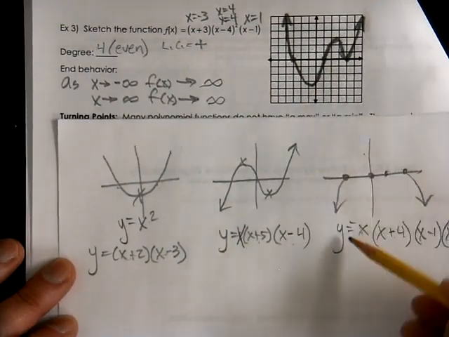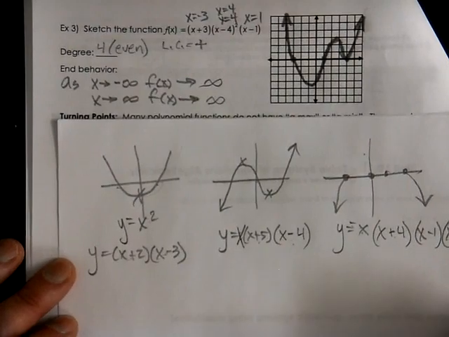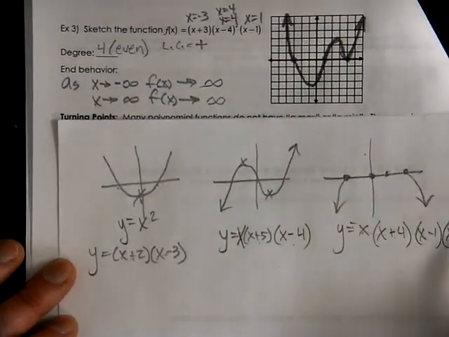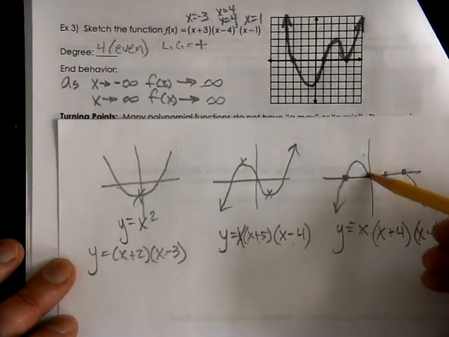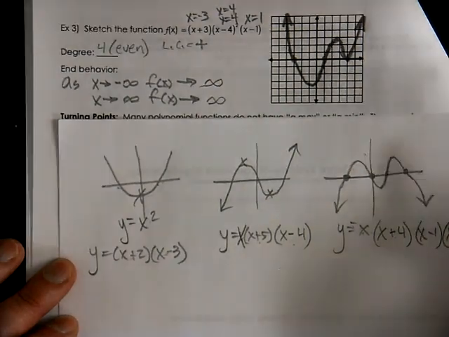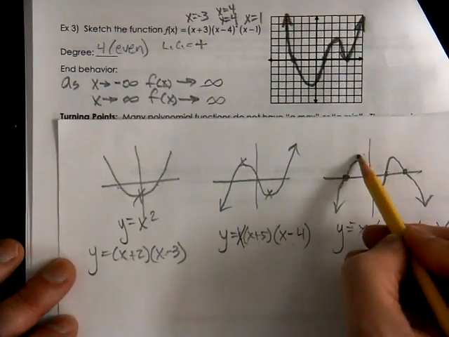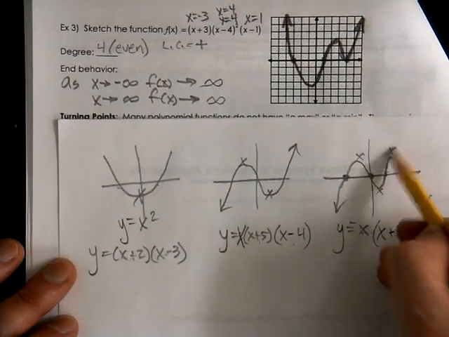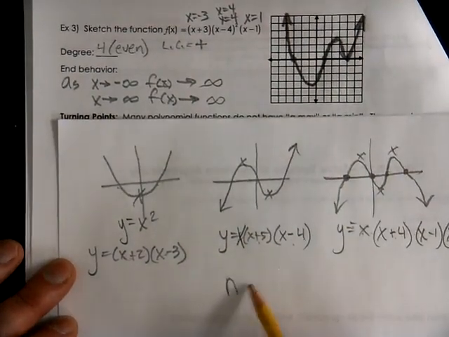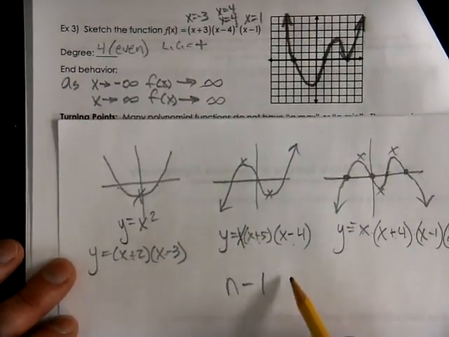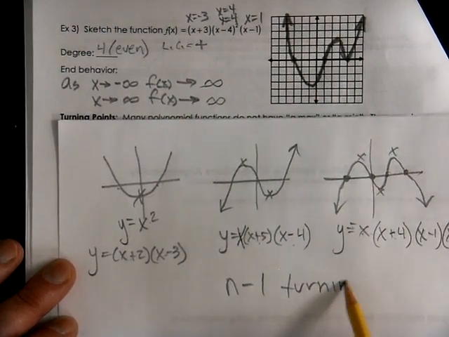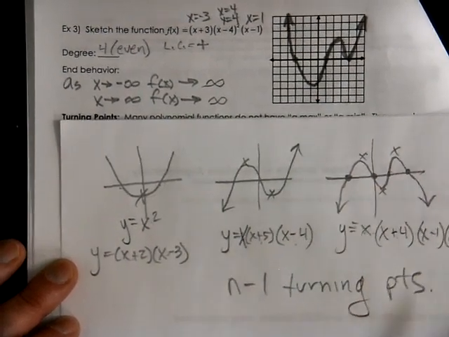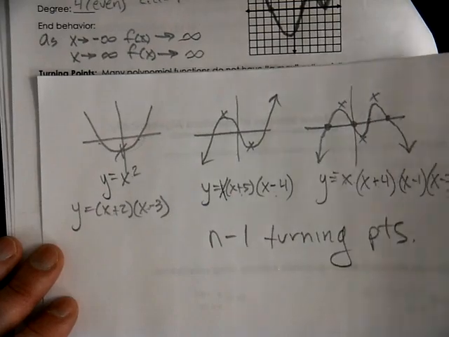It's going to be going down because of the odd degree, or even degree goes in the same direction, my bad. But what I want to show you is that fourth degree has 3 turning points. It always has n minus 1 turning points. 1 less than the degree.